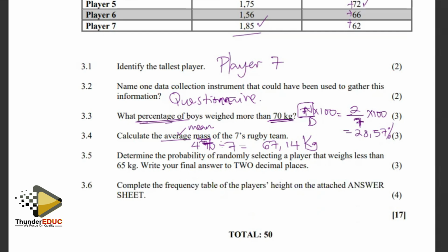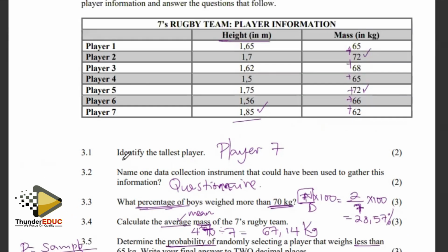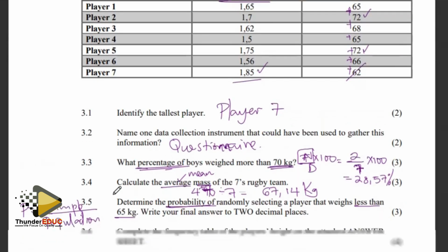Determine the probability. What is probability? Probability will equal the sample over the population. Determine the probability of randomly selecting a player that weighs less than 65. So the sample are the people who are less than 65. We have 1 person who weighs less than 65.